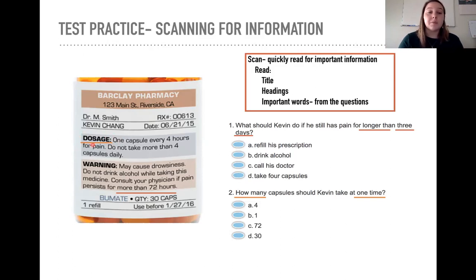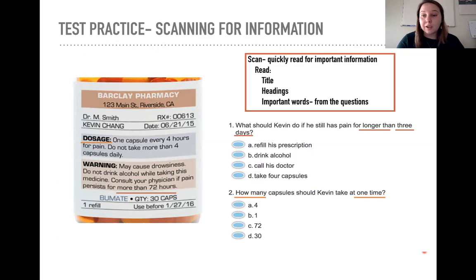So this is talking about how much medicine you take and when to take it. So here we know we're going to be looking in this section. So under dosage, it says 1 capsule every 4 hours for pain. Do not take more than 4 capsules daily.